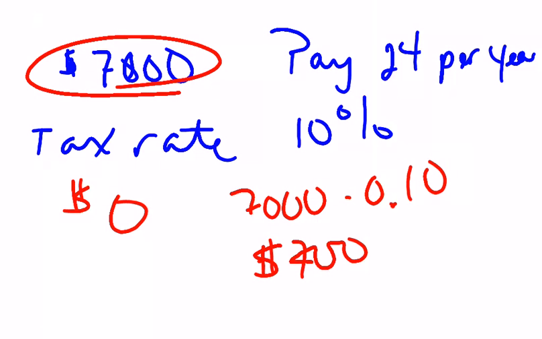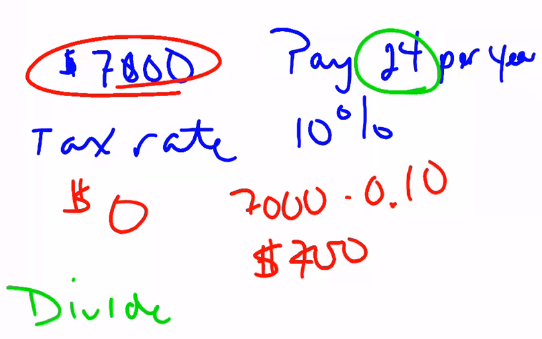Now, the next thing it asks us to do, it says divide by what? So because we want to break up what he is going to owe, we need to break it up into how many paychecks he has. And so he has 24 paychecks. So we need to divide by 24. So we take 700 divided by 24.